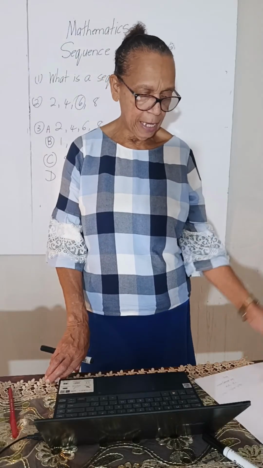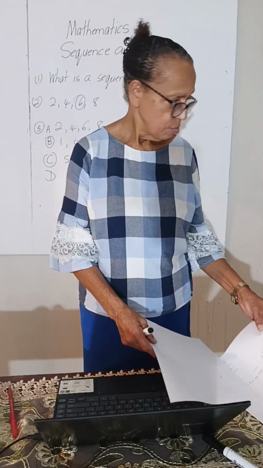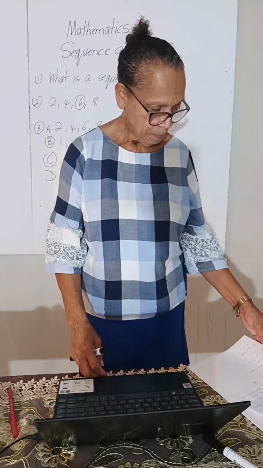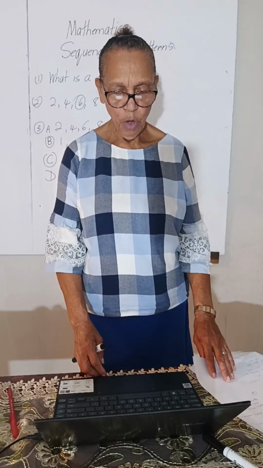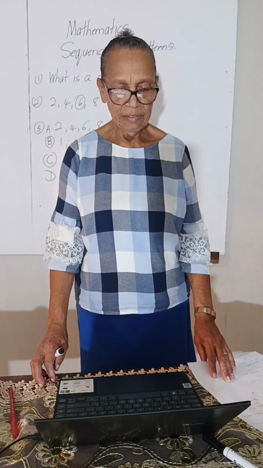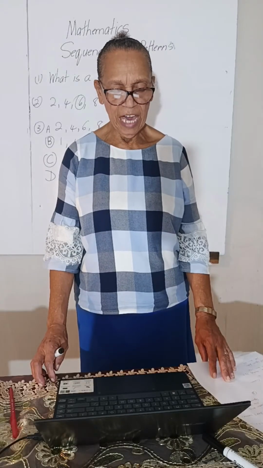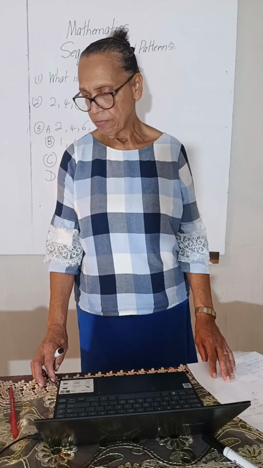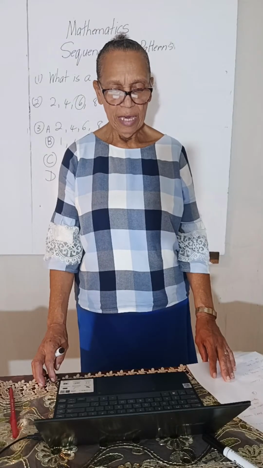Let's go that one again. Which one shows a zigzag pattern? A, 3, 6, 9, 12. B, 20, 15, 10, 5. C, 5, 10, 8, 13, 11. And the next one, D, is 2, 4, 8, 16.